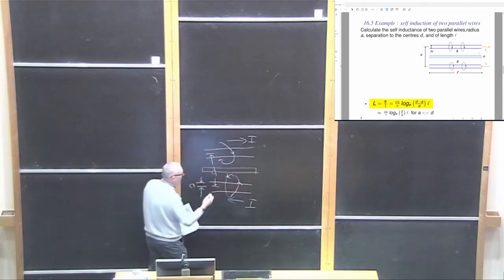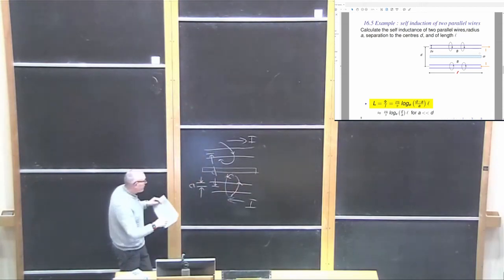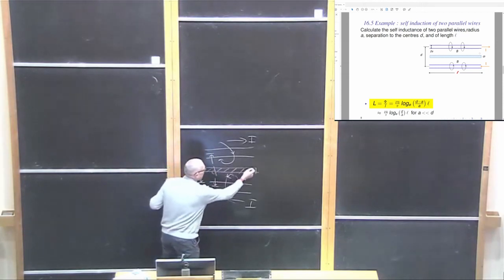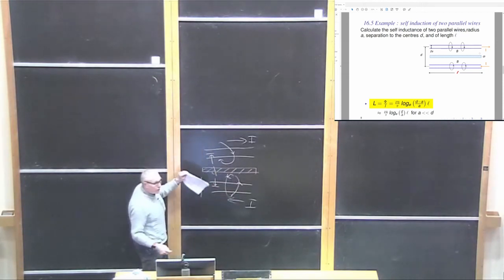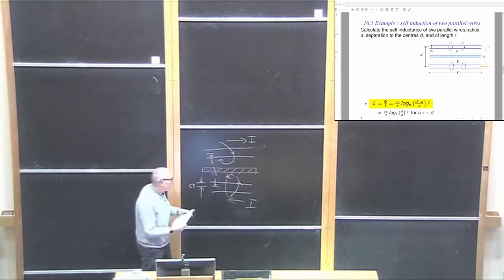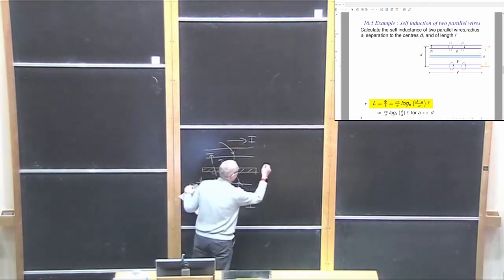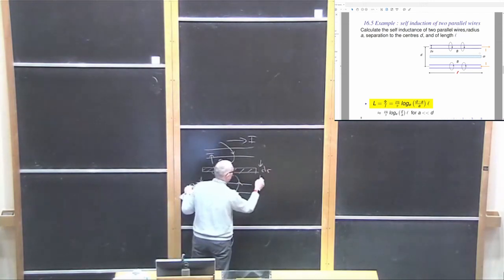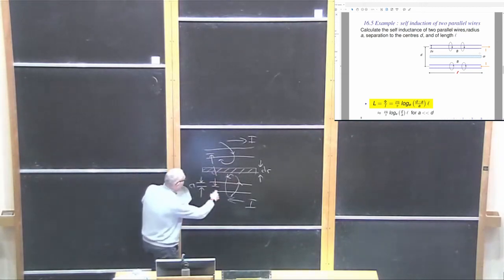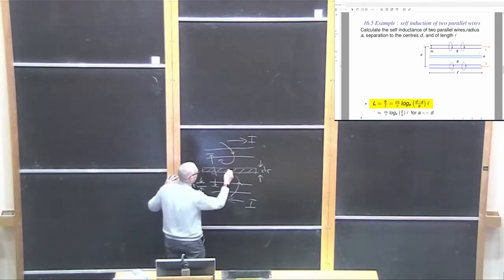is the magnetic flux, the field goes through a surface which is parallel to the wires and is in fact radial from the center of this wire here. So this thickness here is dr. This length is the same length as the wires that we're considering.